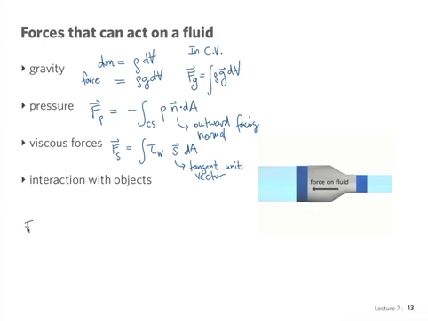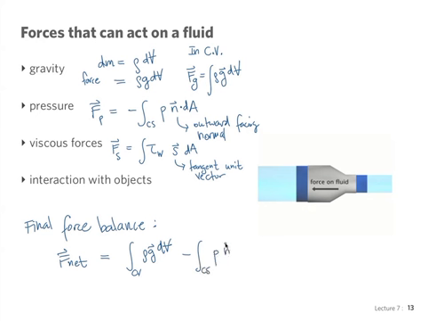And the final force balance is the integral of rho g dV, the gravity force, minus the integral across the control surface of P n dA, the pressure forces, plus the integral on the surface again of wall shear stress times a tangent vector dA, and finally some force of interaction with objects.